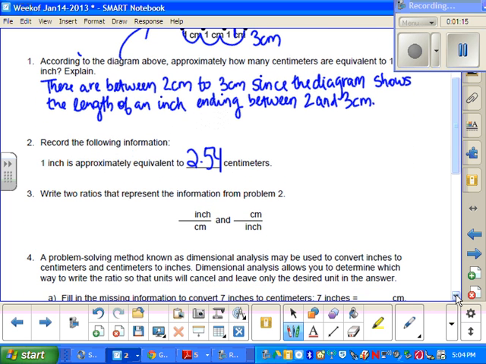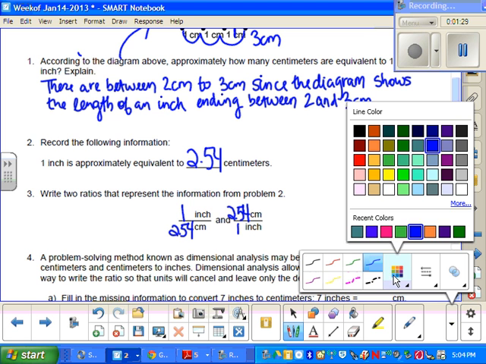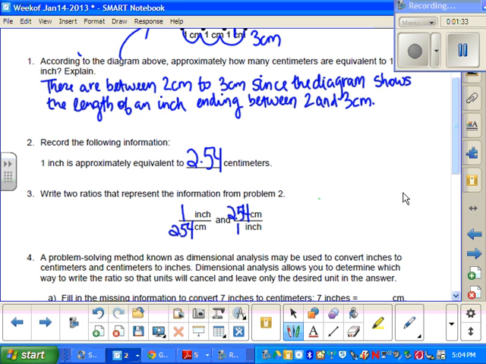So now we're going to write two ratios that could represent the information. And we know that in 1 inch, there's 2.54 centimeters, or in 2.54 centimeters, there's 1 inch. We're just flipping that ratio there. So whichever way it's easier to work in your problem is the one that you would use.